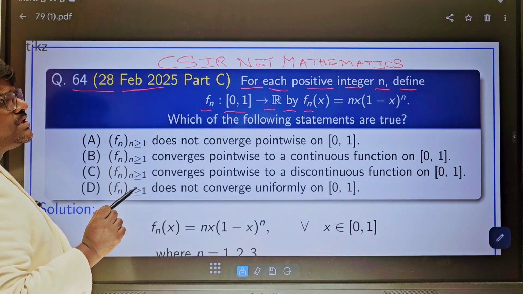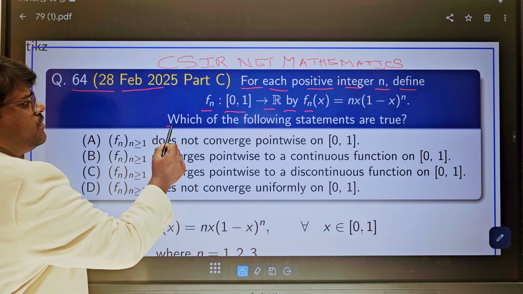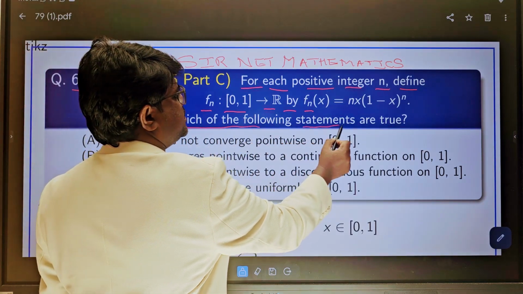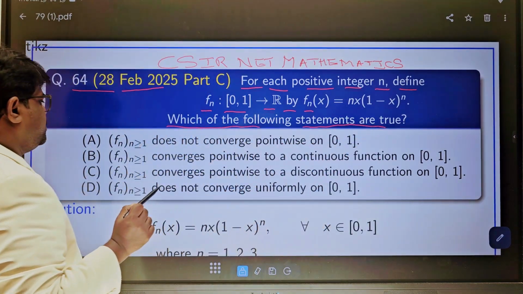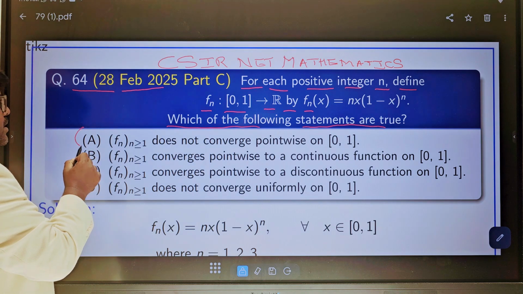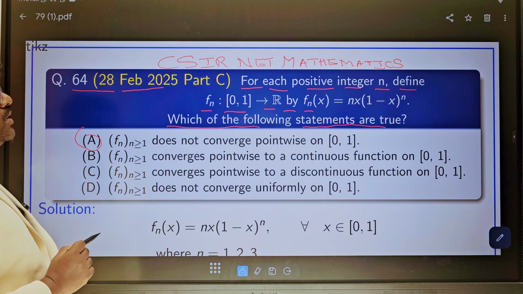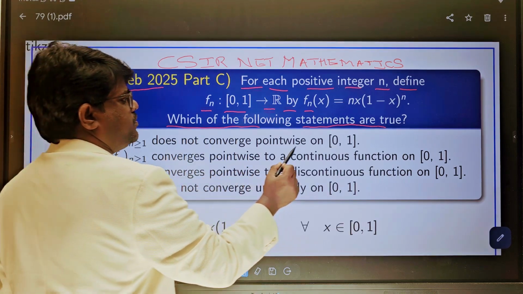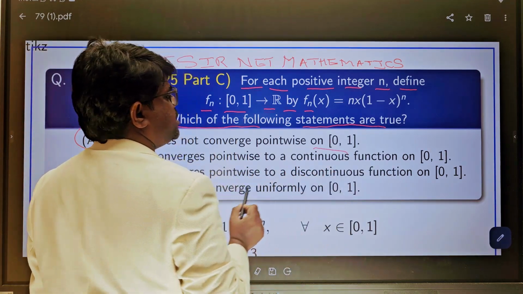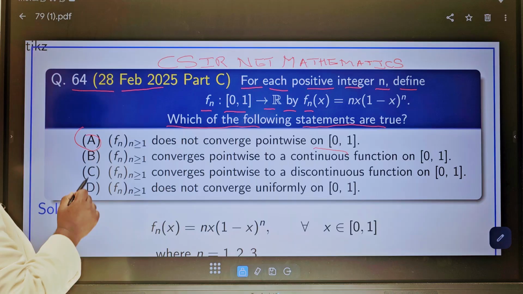Which of the following statements are true? Option A: fn, n greater than or equal to 1, does not converge pointwise in the closed interval 0, 1.